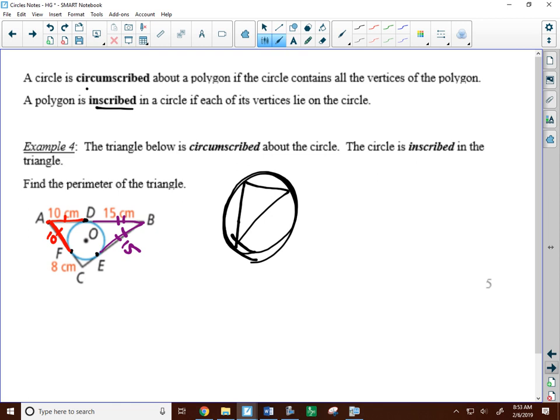And finally, since these are both tangent, they're congruent, and so they're both 8. So 16, 30, and 20, so 66.